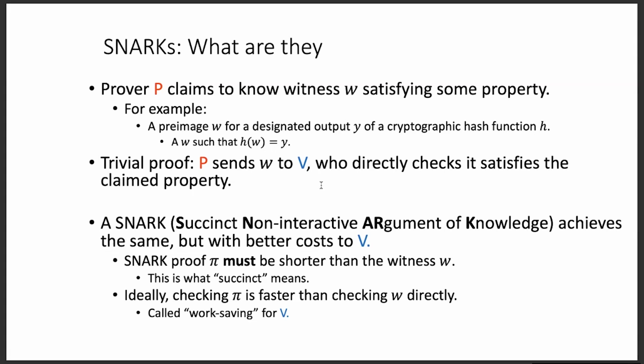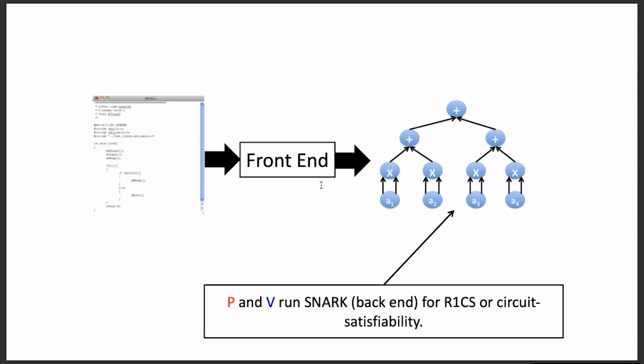Succinct means that the proof is shorter than actually sending w explicitly to the verifier. And ideally, the proof will be faster to check than the verifier's runtime in the trivial proof system, and in that case, we'll call the SNARK work saving for the verifier. In general, SNARKs are designed in a 2-step process. There's a front end and a back end. The front end will take some computer program written in a high-level language, which takes as input the witness and checks that the witness satisfies the claimed property.